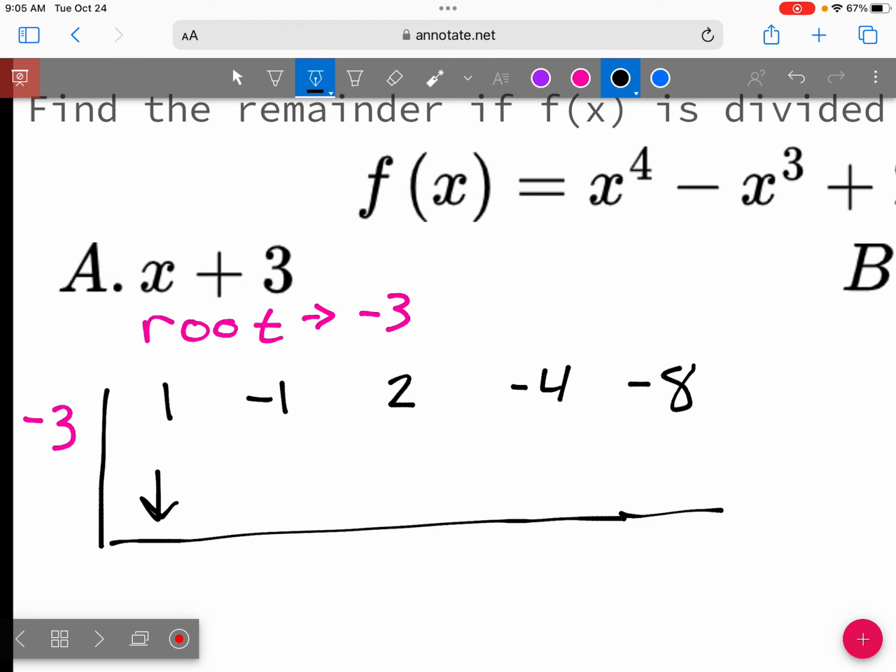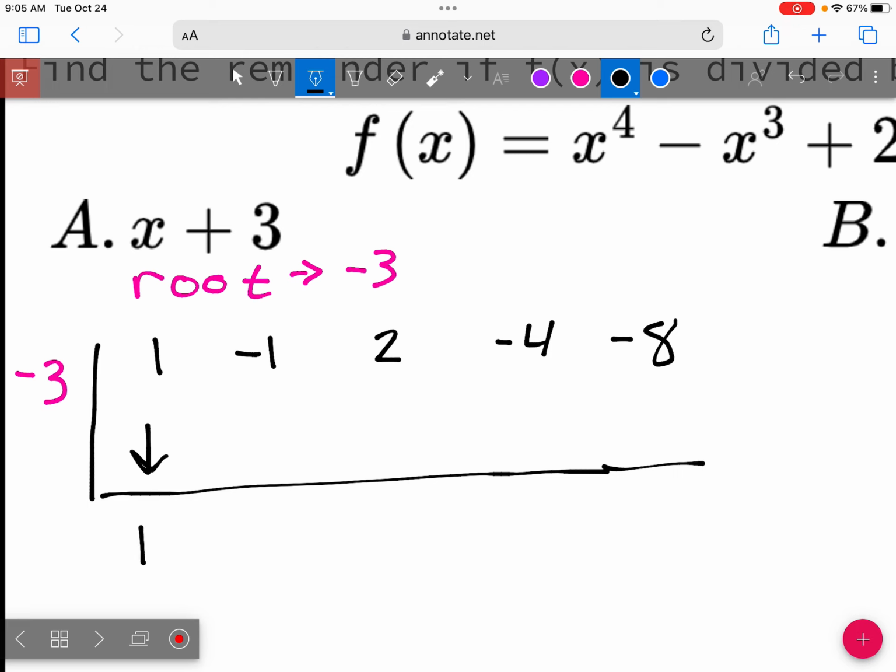Our first term drops every time. What's going to go here? -3. Because we take what's on the bottom times our root. What's going to go here? -4. Because we add them together. What's going to go here? 12.